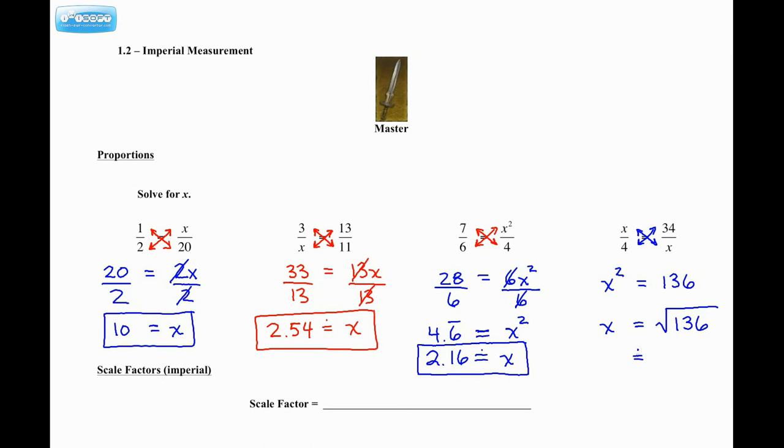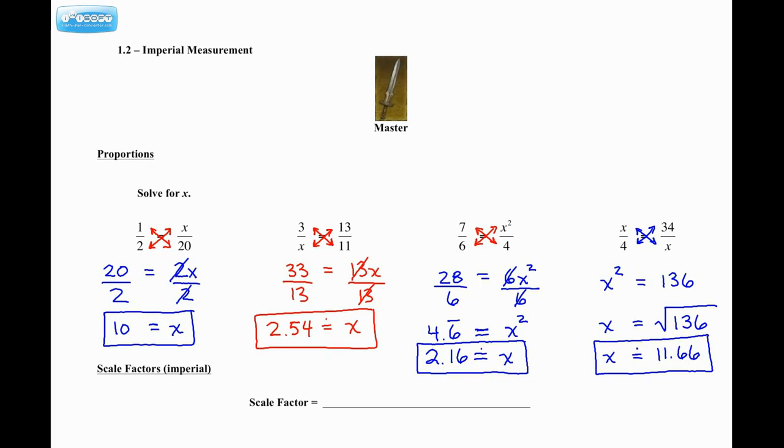So I'm going to put a dot here. And with my calculator, I'm going to estimate that. And that's about 11.66. Okay. So if x is about 11.66, this proportion holds.